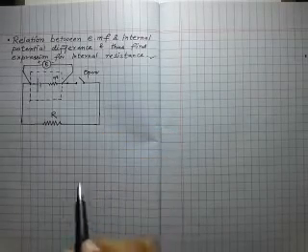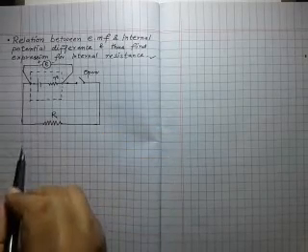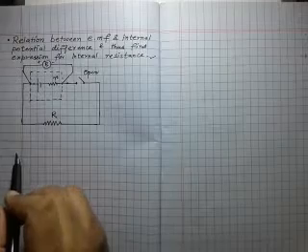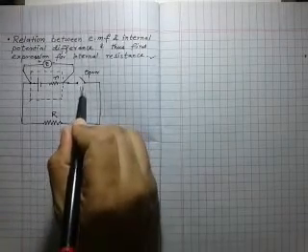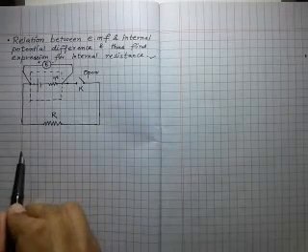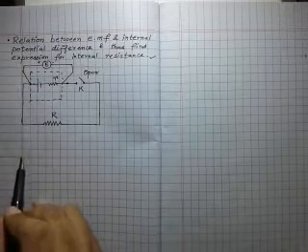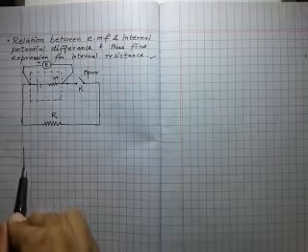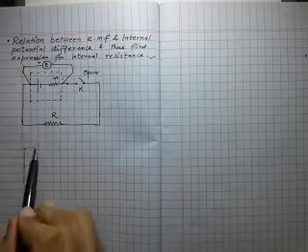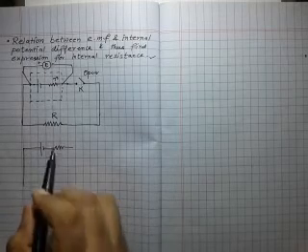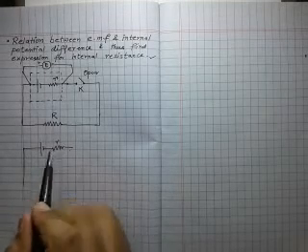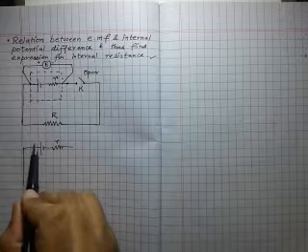Now we'll draw the same diagram one more time. This time we'll make the key, you can write key K here, closed. So this R again.